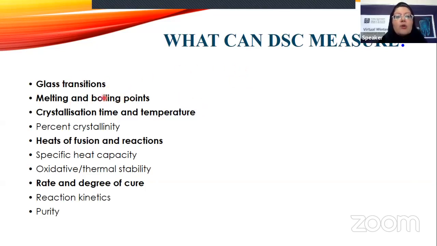We can use the DSC for measuring the glass transition, the melting and boiling points, the crystallization time and temperature, the percent of crystallinity of materials, heat of fusion, and also specific heat capacity and oxidative stability of different materials, and also rate and degree of cure, reaction kinetics, and also purity of materials. Also, we can use this device for measuring the degree of conversion of dental composites via a special method.